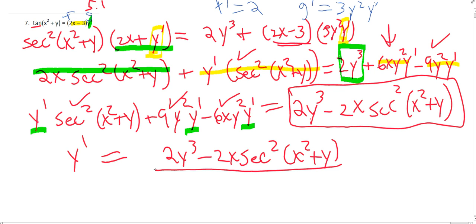And then on the bottom we're going to have secant squared x squared plus y plus that 9y squared minus 6xy squared.